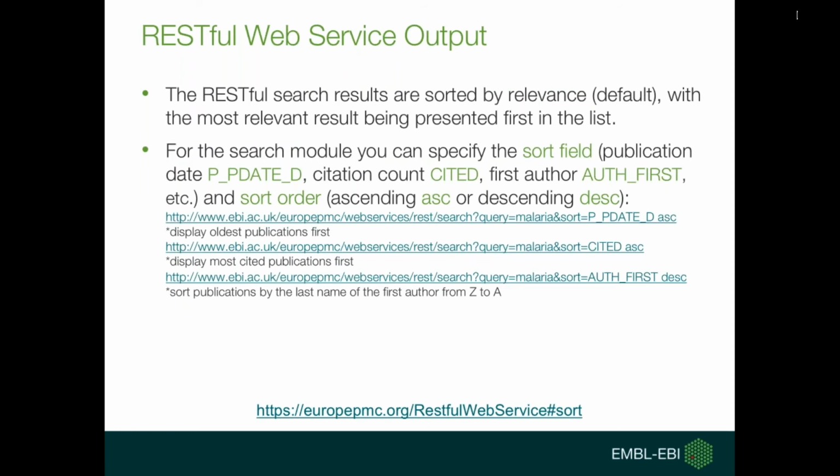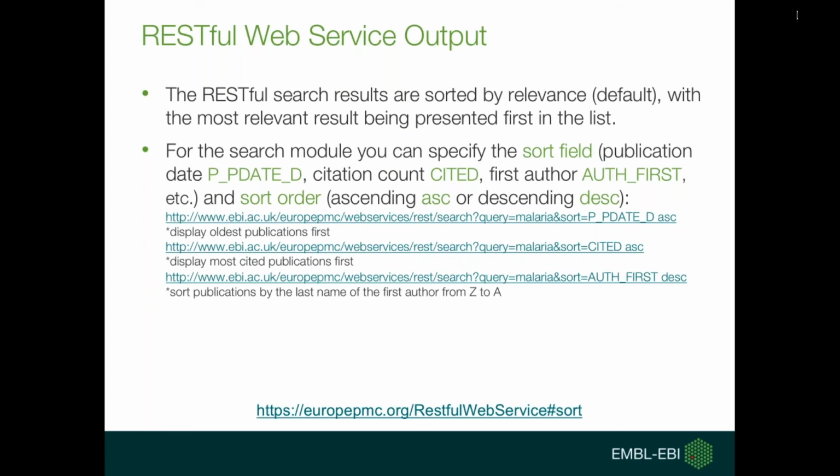One more important thing to keep in mind is that you can sort your results depending on your needs. The default sorting of the web service output is by relevance, with the most relevant results appearing first. However, you can also sort your search results by specifying the sort field.